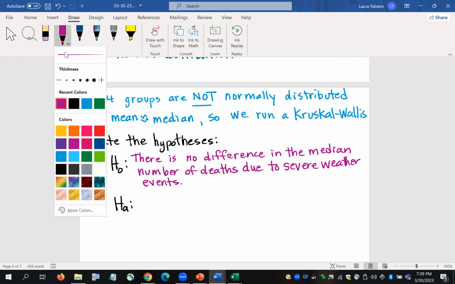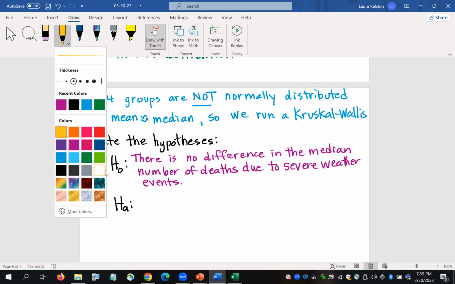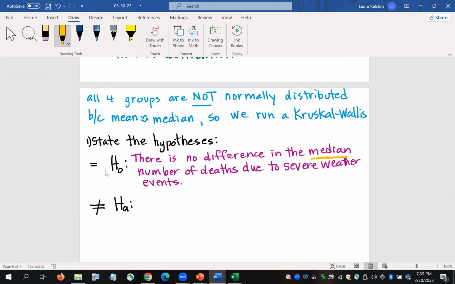Again, the difference with this one is that we're doing median, not mean. And again, the phrase no difference implies they're equal.